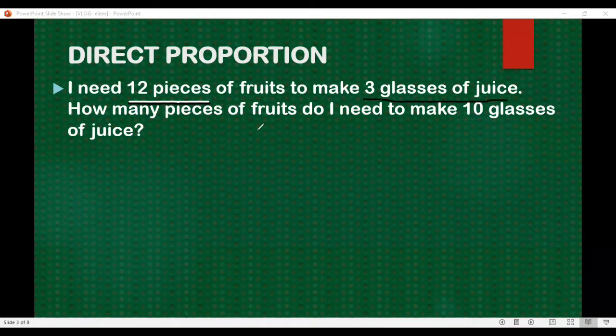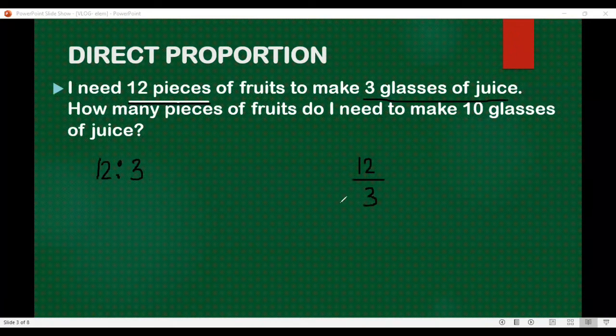For this problem, we have 12 pieces of fruits is to 3 glasses of juice. So the relationship now is 12 is to 3. You can have this in column form or sometimes do it in fraction.